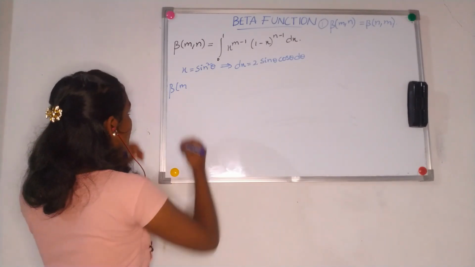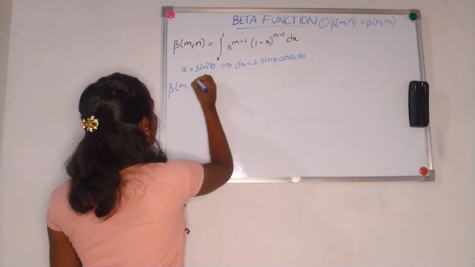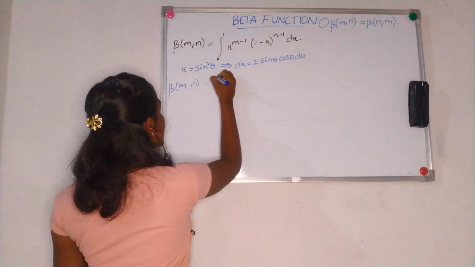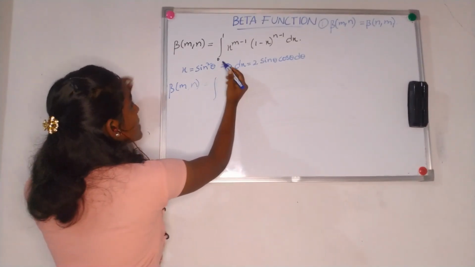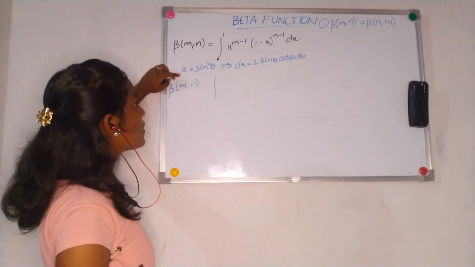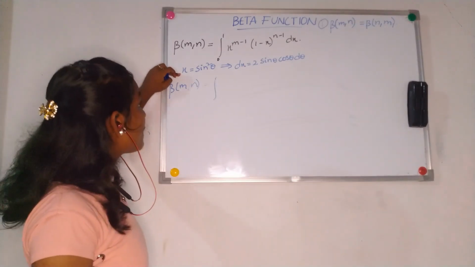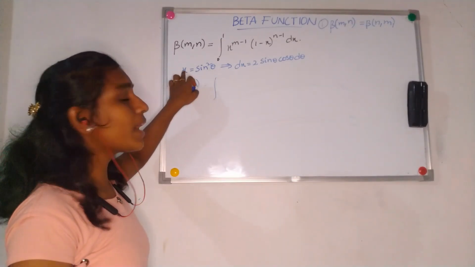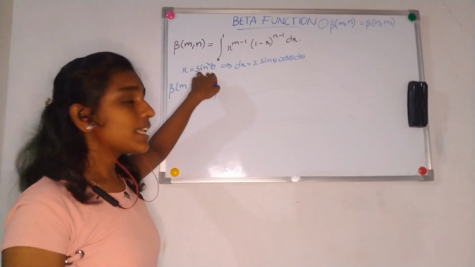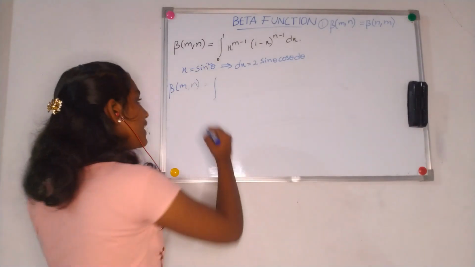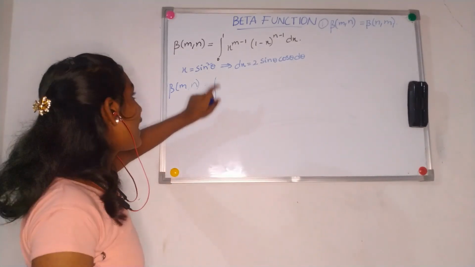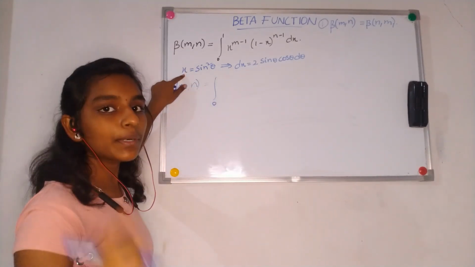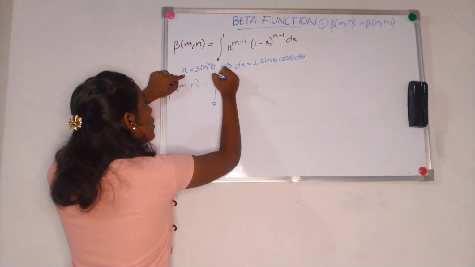Now beta of m comma n is equal to, so you have here 0, right? If I put 0 instead of x, sine square theta equals 0 and sine theta will be 0, then theta is 0. So the lower limit is 0, and if I put x equal to 1, I would get theta equal to pi by 2.